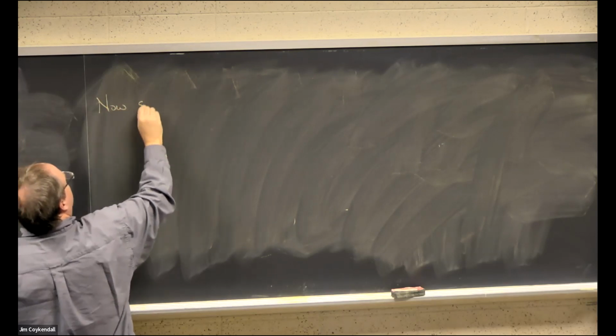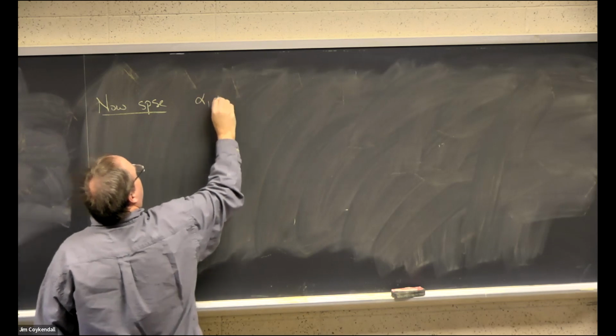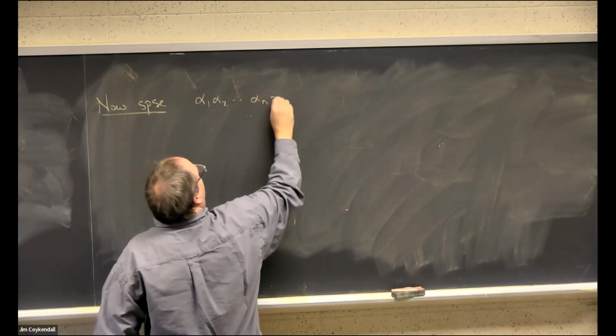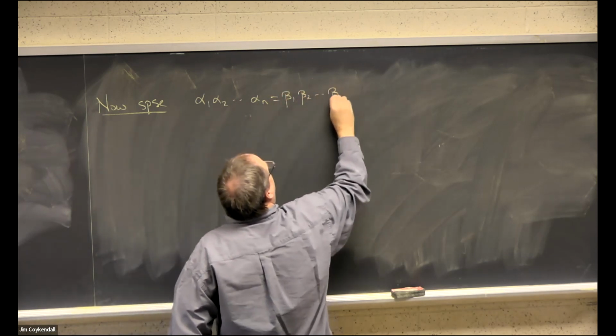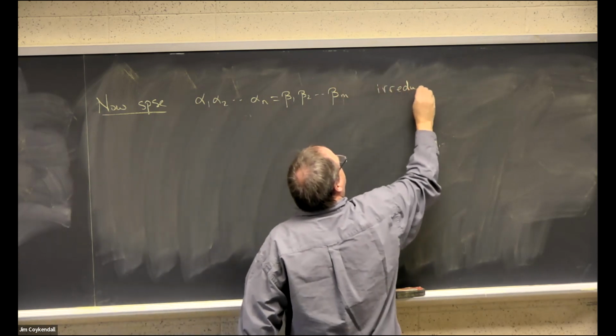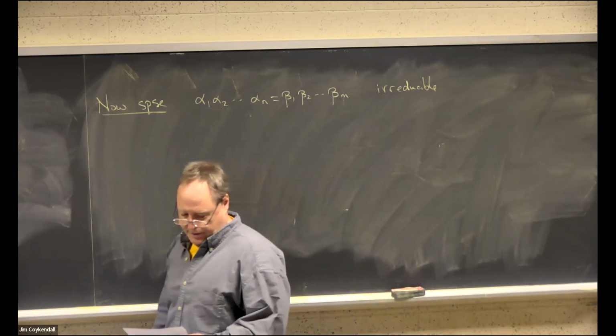Now suppose we have alpha 1, alpha 2, up to alpha n. So these are irreducible factorizations here.